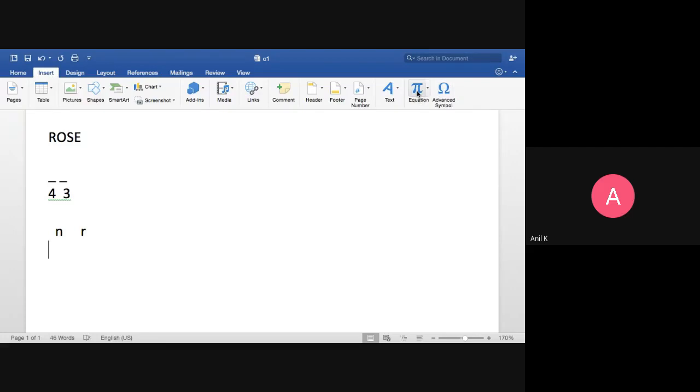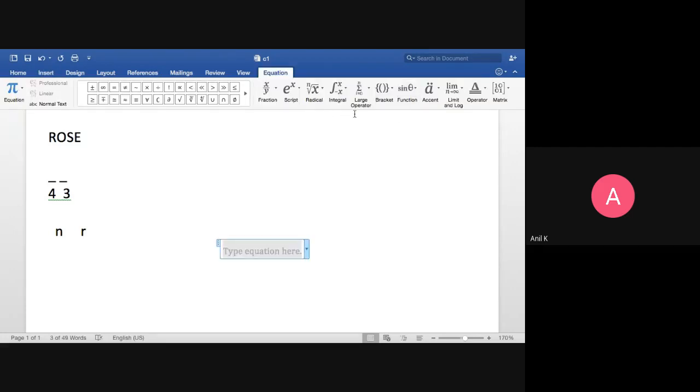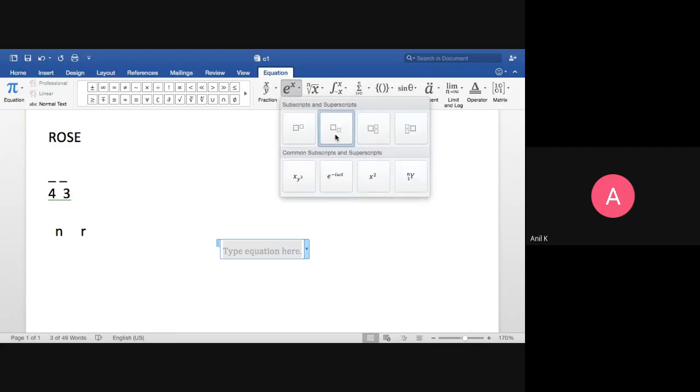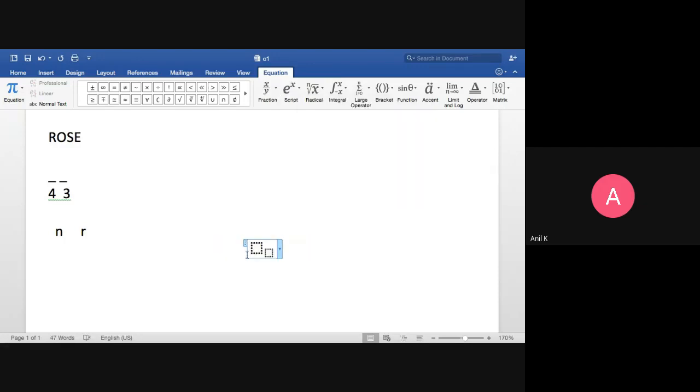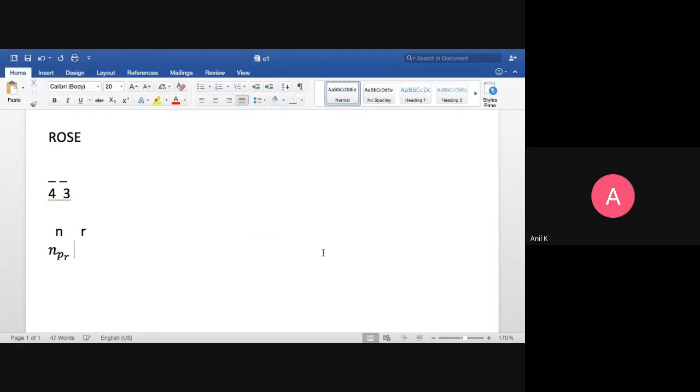So then we have the formula for permutation. Let me insert the equation. This will come here: n, then a suffix P for permutation, and here r. So the formula for permutation is nPr. That means out of n objects, I have to take r objects, where P represents permutation.